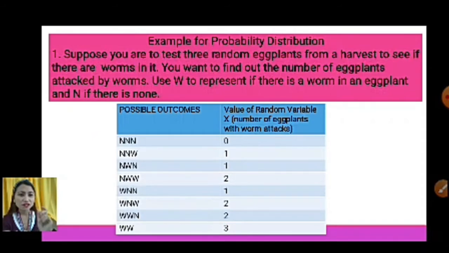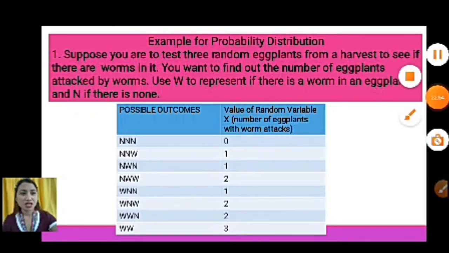Next one, it is obviously 1, once only. Number 3, we have 1 since there is only 1 W. Number 4, NWW, 2. Number 5, 1 only, WNN. Number 6, WNW, we have 2. And number 7 is WWN, so we have 2. Lastly, we have triple W, so 3.